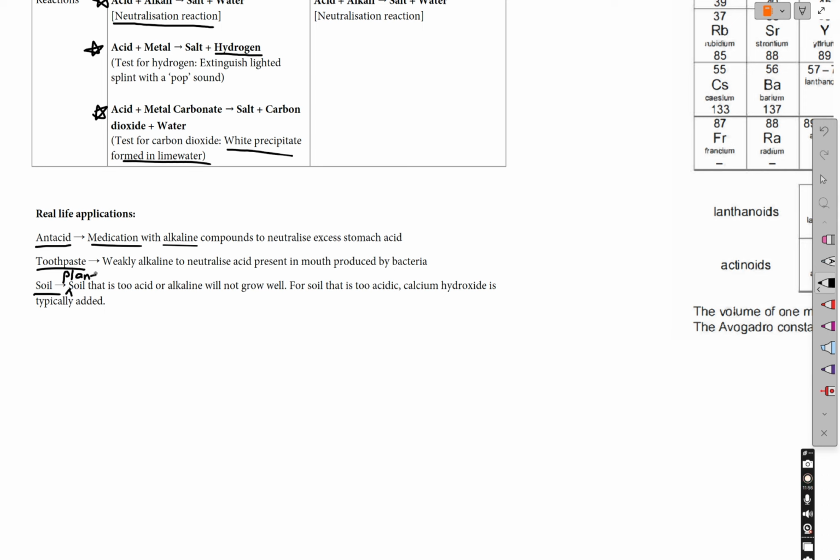Usually soil in nature is typically more acidic because of acid rain. And for soil that is too acidic, we usually add calcium hydroxide. Okay, and this is the end of 11.2.